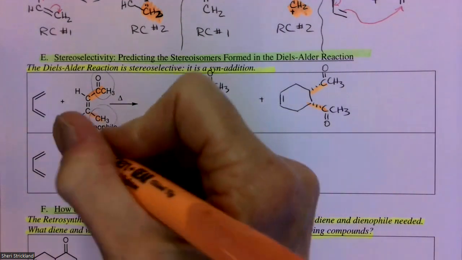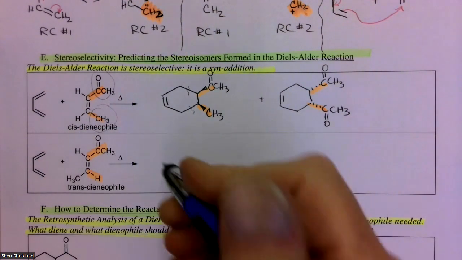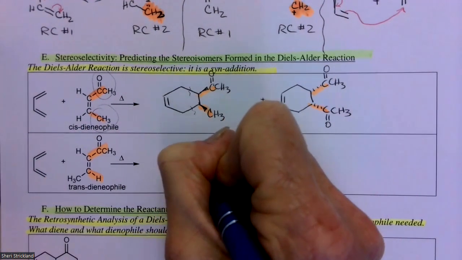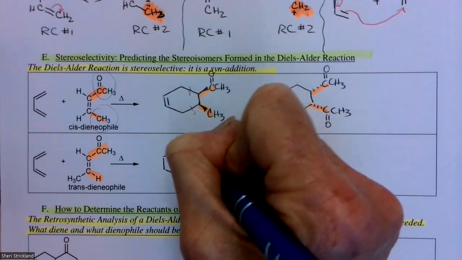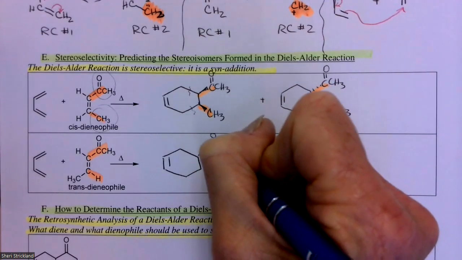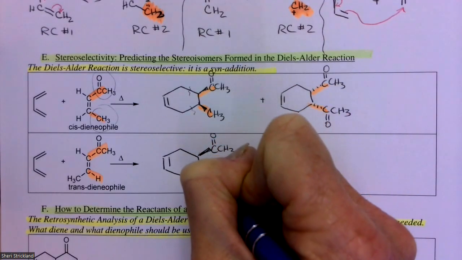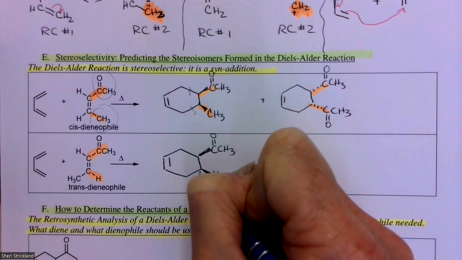So if we're looking here, things that are on the right are those 2 things. So the solid wedge goes to that guy, the solid wedge goes to the hydrogen, and the dashed wedge to the methyl.